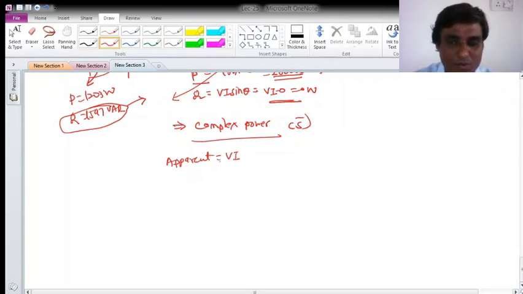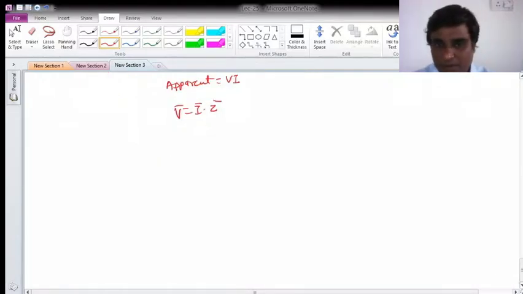Out of the total power VI, only some of the power, VI cos theta, will be used by the consumer. We know V bar is equal to I bar into Z bar, which gives a complex number. Similarly, S bar will be the complex power, the total power drawn by the circuit, including both active and reactive power.